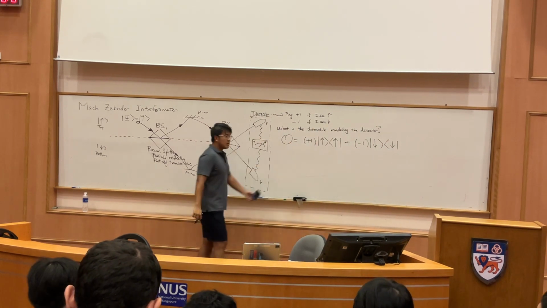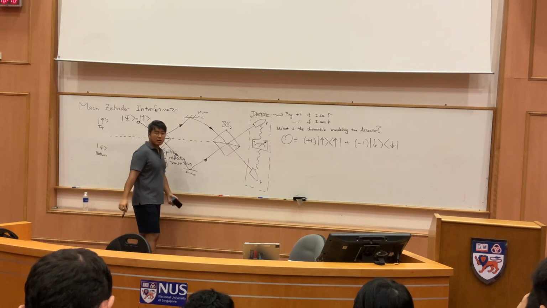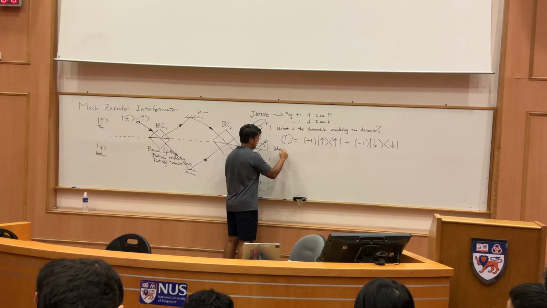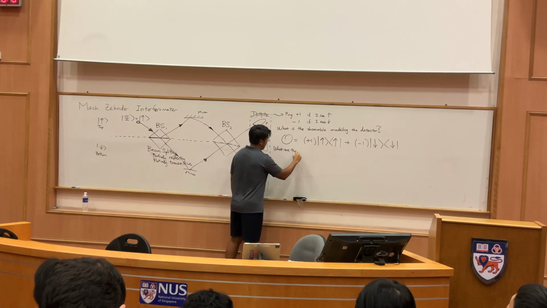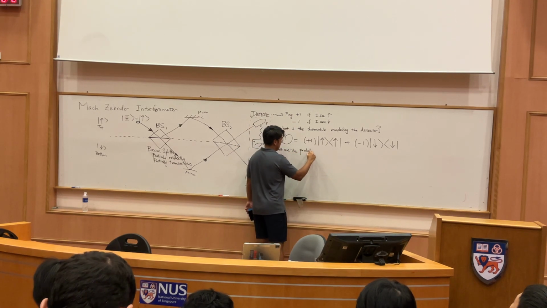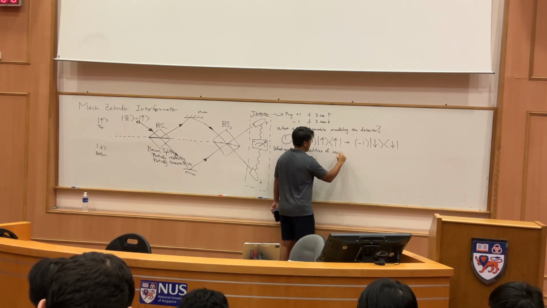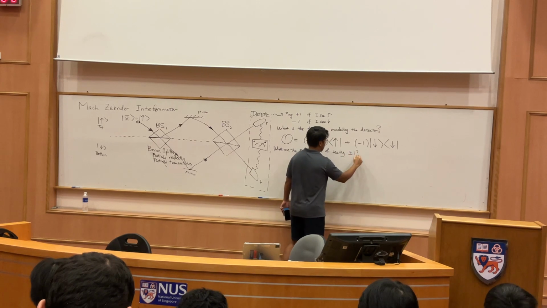So let's ask the question, why does this make sense? Because you can ask, what are the probabilities of seeing ±1?